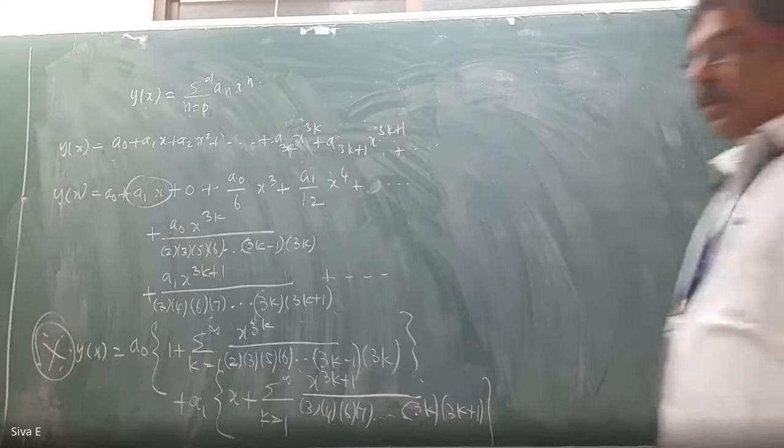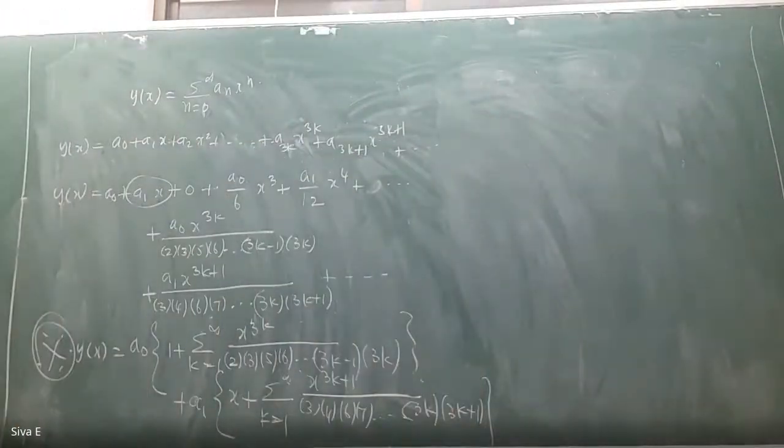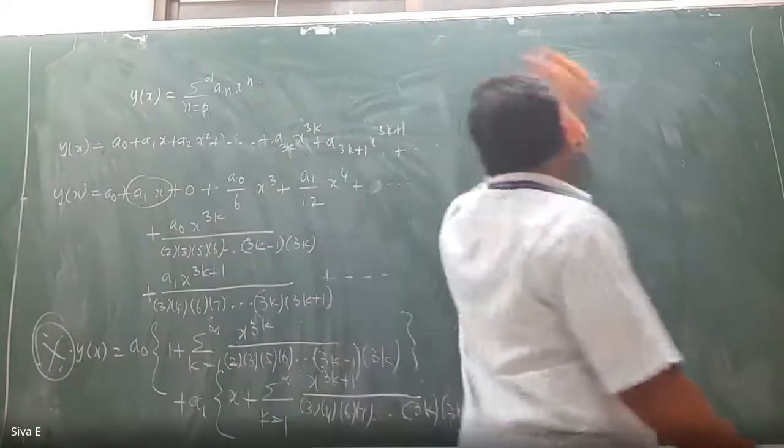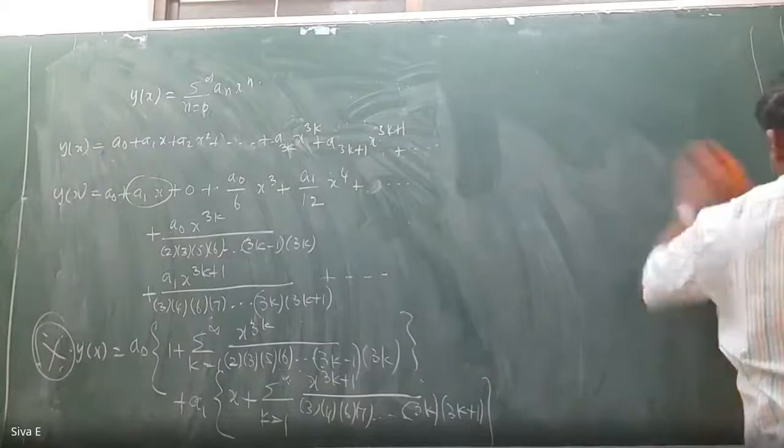We have passed two problems based on origin, x naught equal to 0. In case x naught is some other point, say about x equal to 2 or x equal to 3, then how can we do that?